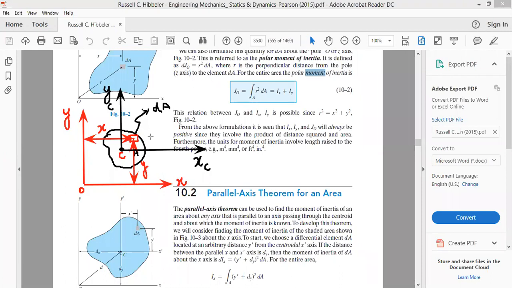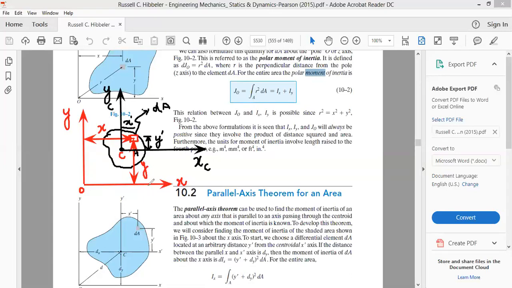Let's suppose this coordinate is y bar, the y coordinate of this small area element from the centroidal x-axis. And let's call this distance x prime, the distance of the centroid of the small area element from the centroidal y-axis.